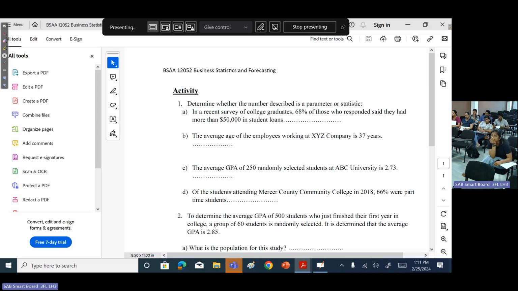The $50,000 means sample data. Understood? Then it represents what? Statistic. Understood?